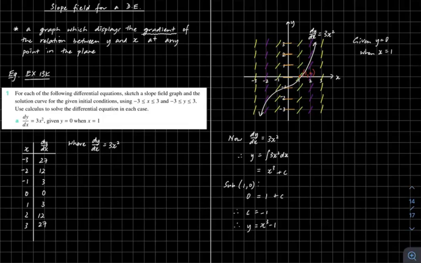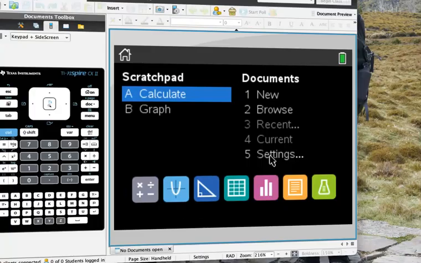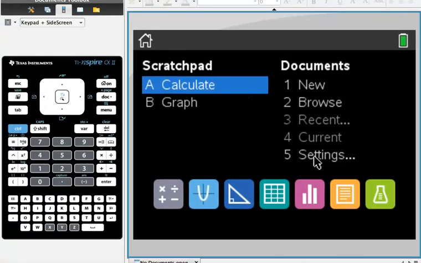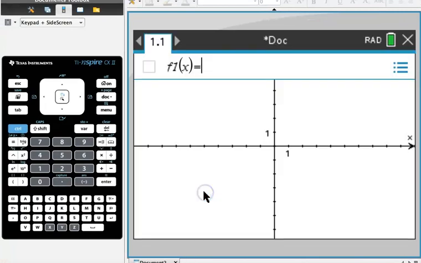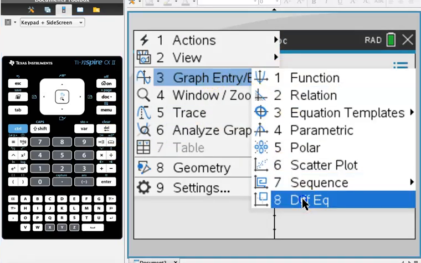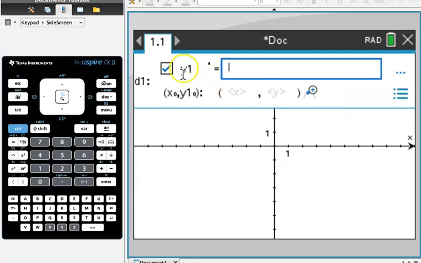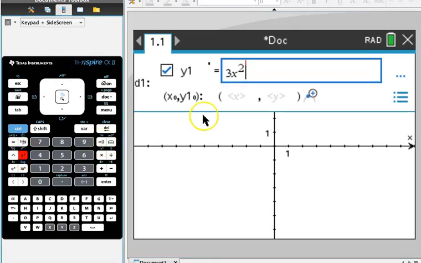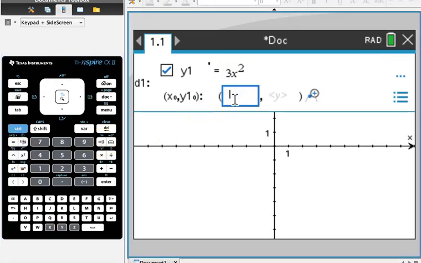So how about using our graphics calculator? Well, what we want to do is grab a graph here, and then in our menu we just want to change our graph type to a differential equation, and then it's got y1 dash, so the derivative, that's basically dy/dx for the first function, and we're only going to enter one, so it's just going to be 3x squared, and also we're given that when x is 1, y is 0.